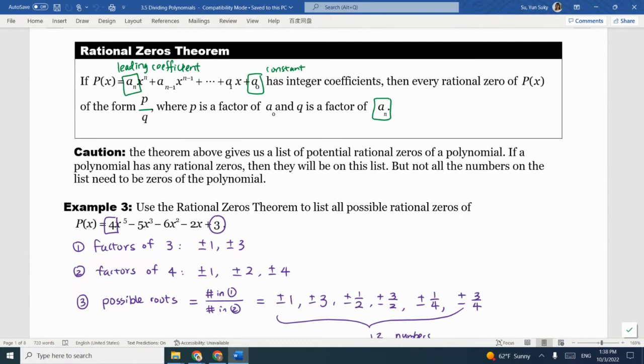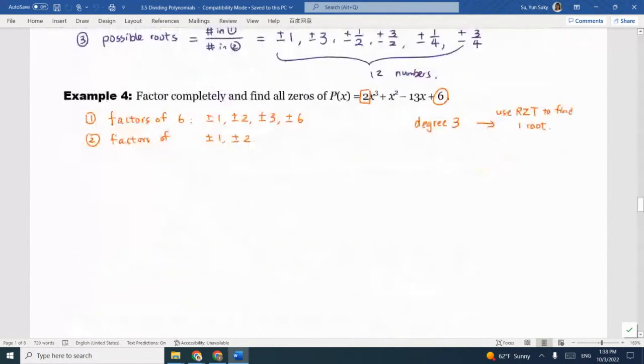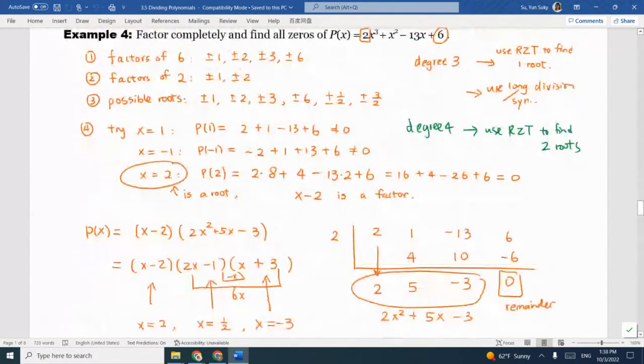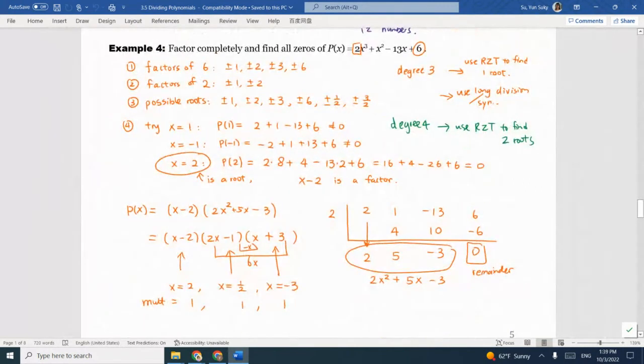And so we get a list of rational numbers. Some of them might be roots, some might not. So we plug into the polynomial and see whether it equals 0. If it equals 0, then we know it is a root.